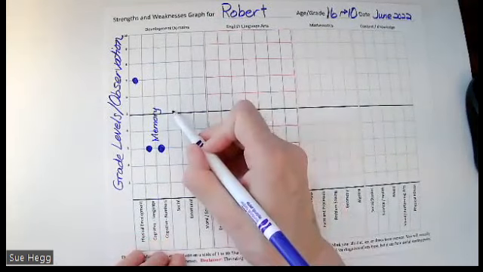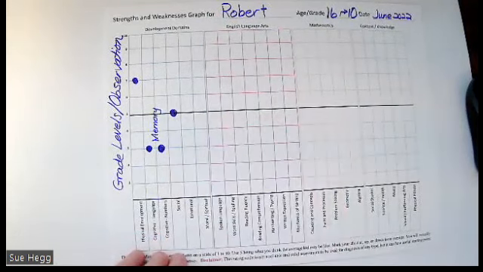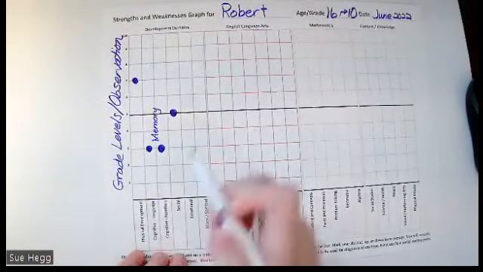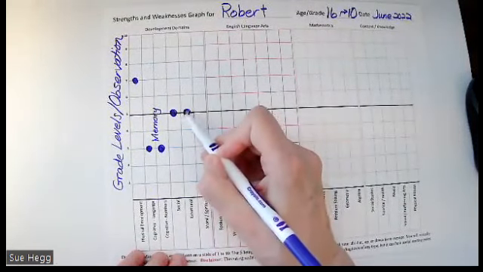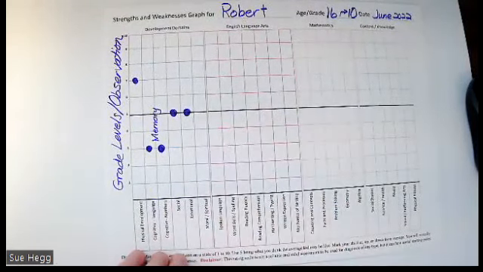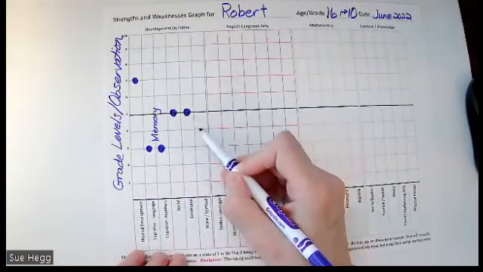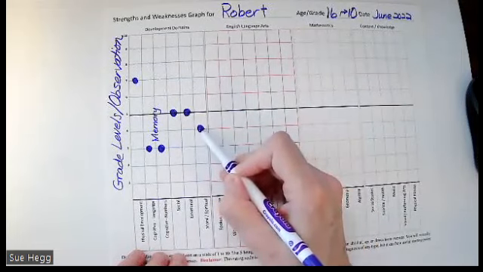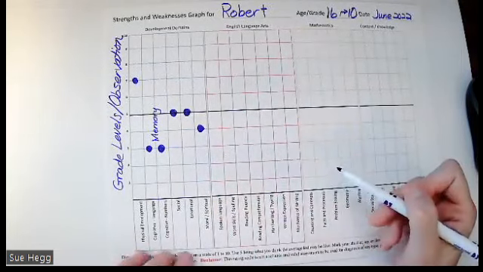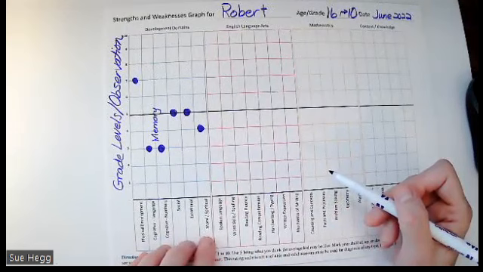Socially, he's probably right on target. He's liked and likable. Emotionally, he's come a long way in being able to regulate his emotions. And moral spiritual is pretty well intact, although he doesn't like to be in trouble.